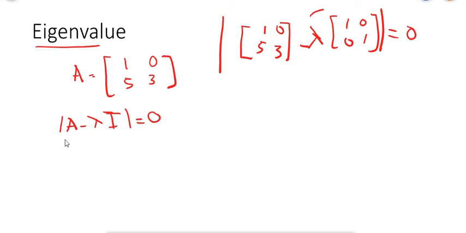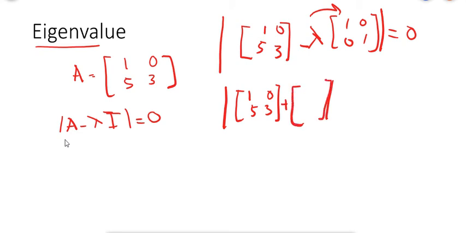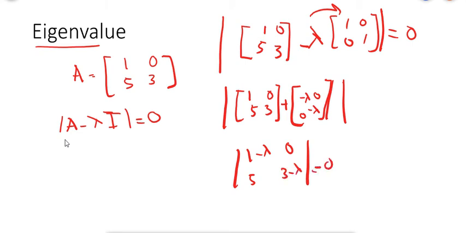Now multiply minus lambda inside: the determinant of [1, 0; 5, 3] plus [minus lambda, 0; 0, minus lambda] will be equal to the determinant of [1 minus lambda, 0; 5, 3 minus lambda], equal to 0.